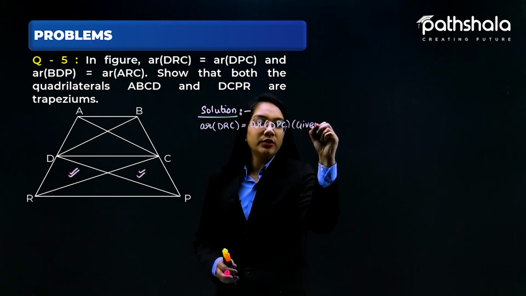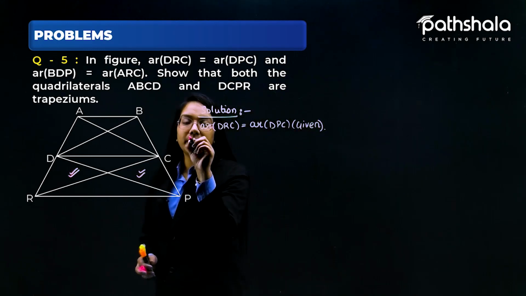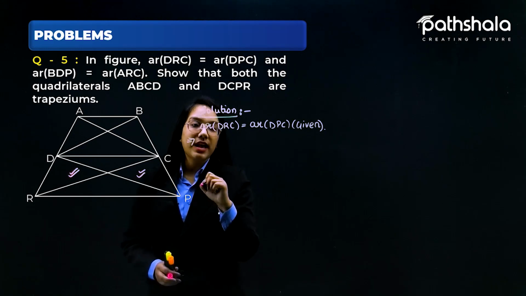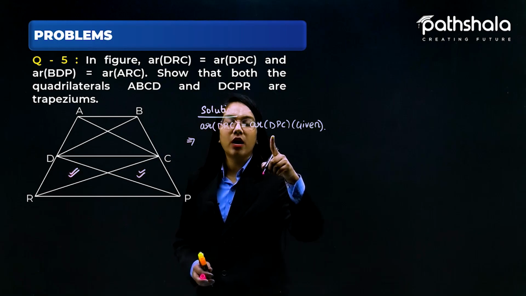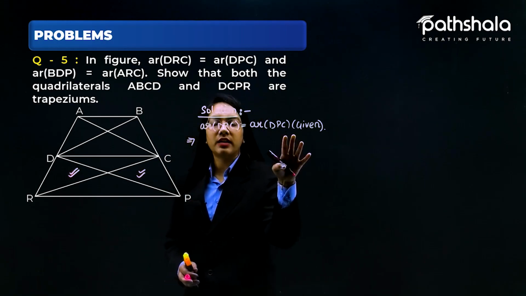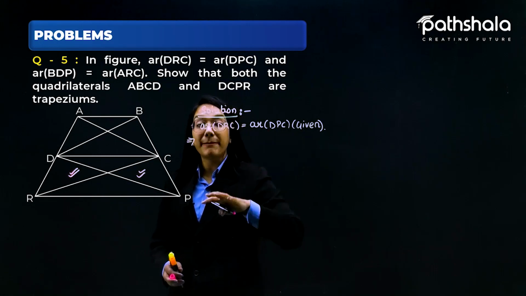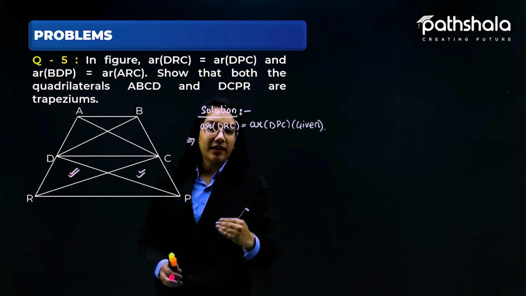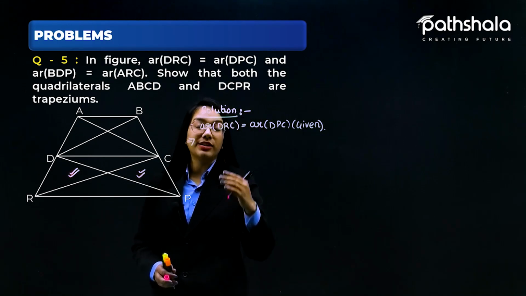It is given to us. It implies that since we have two triangles whose areas are equal and they are lying on the same base DC, they are lying on the same parallels.